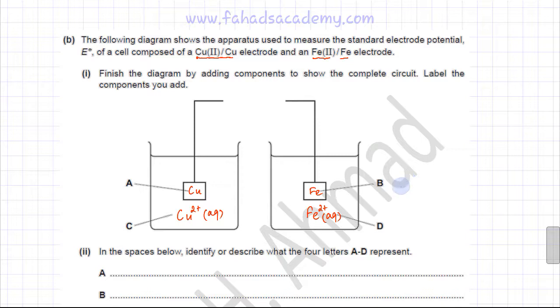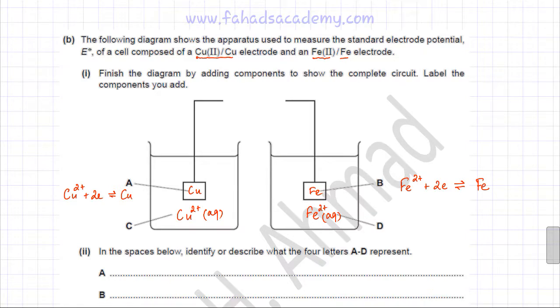Over here, Fe2 plus would be gaining 2 electrons, and there's a reversible reaction between Fe2 plus and Fe metal. On the other side, the reaction at the electrode would be that Cu2 plus gains 2 electrons, forming copper, and vice versa.